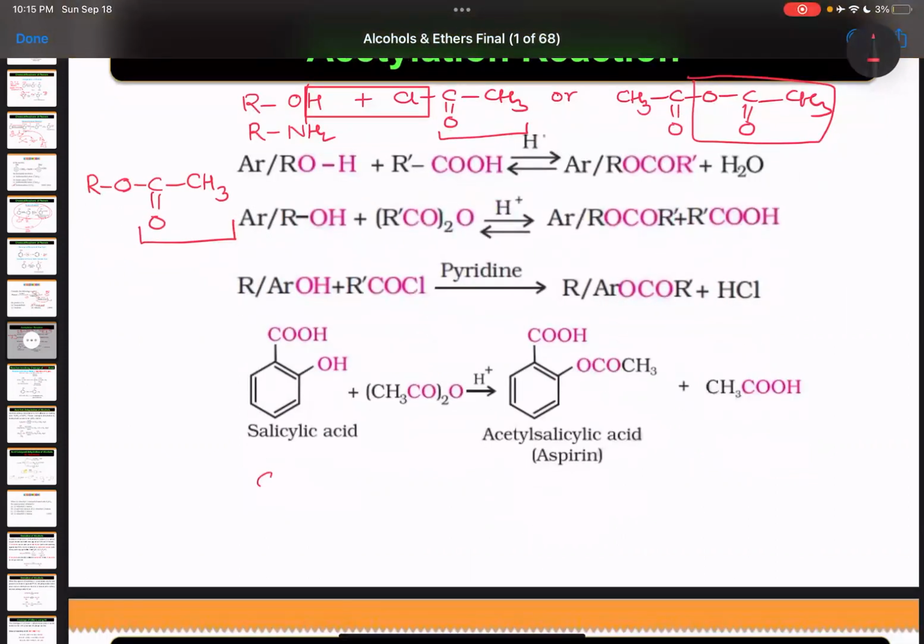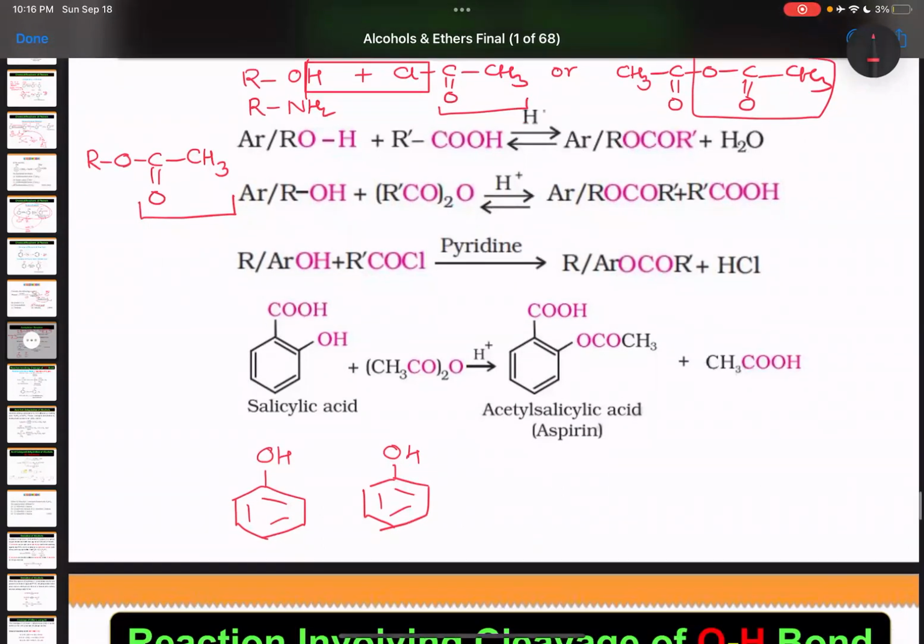So you take phenol and convert it to salicylic acid, either by taking CCl4 and NaOH, or by taking NaOH and CO2, right?